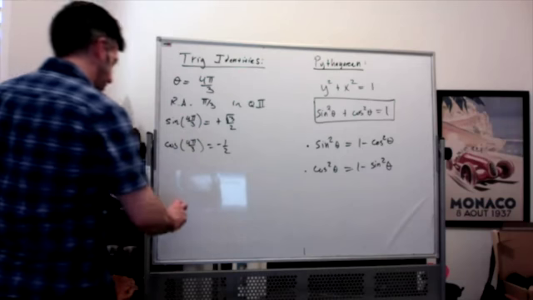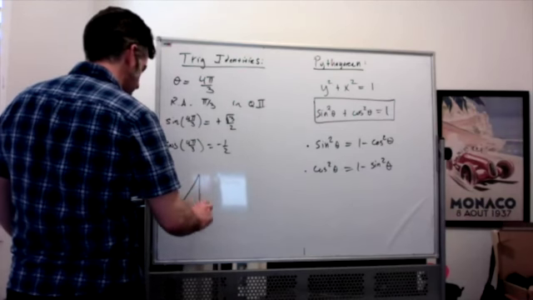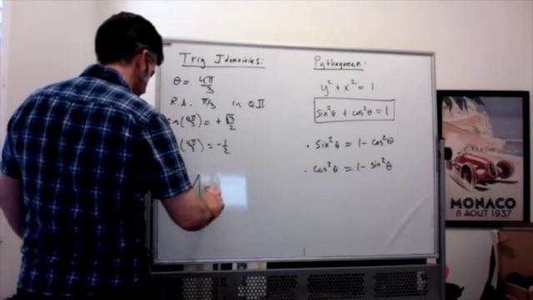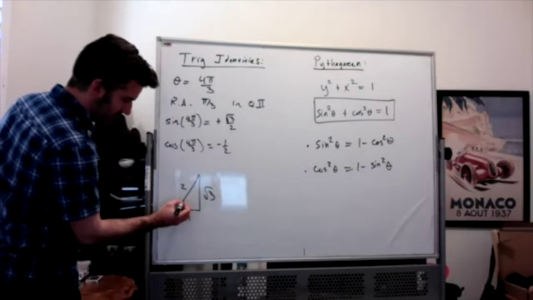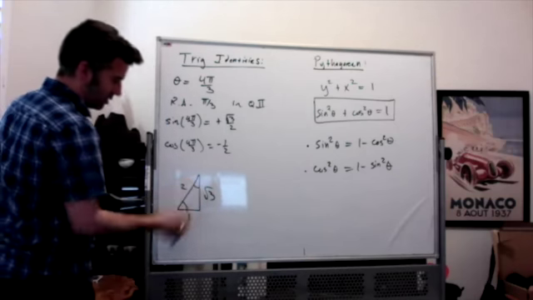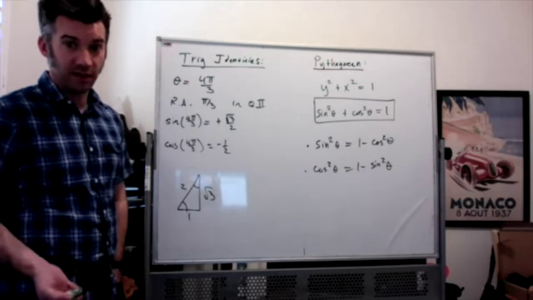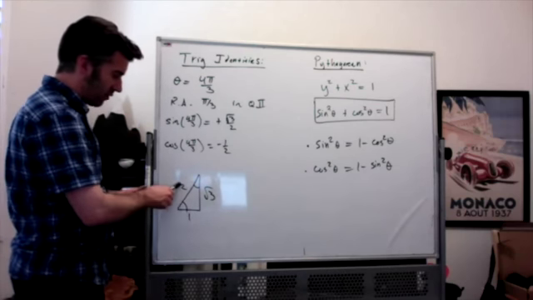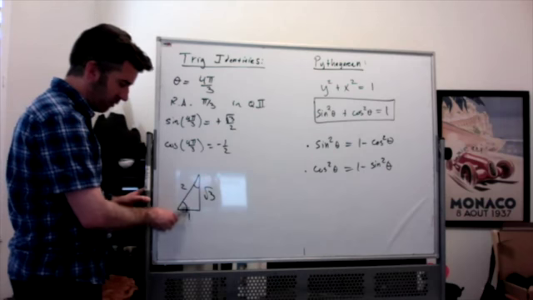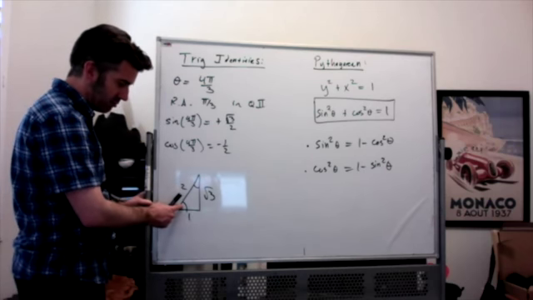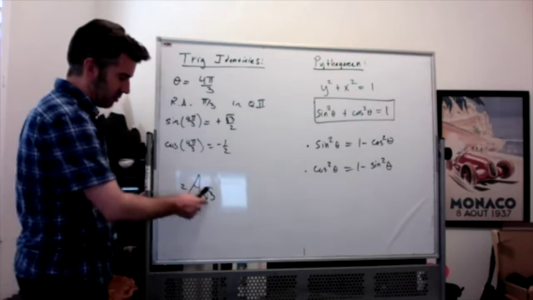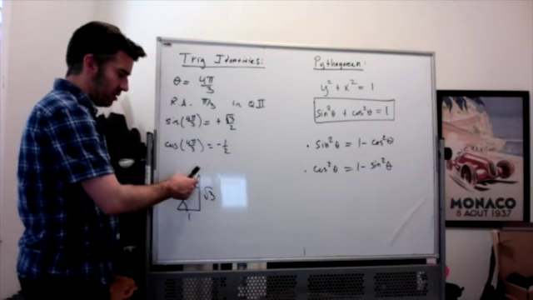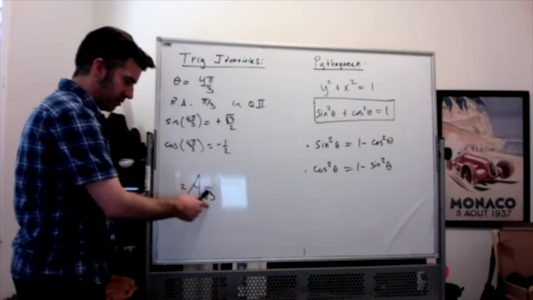If you're in a 30, 60, 90 triangle, it doesn't matter if this is your angle or this is your angle. One of them is going to be root 3 over 2. One's going to be 1 over 2. If it's this angle, cosine is 1/2, sine is root 3 over 2. If it's this angle, sine is 1/2, and cosine is root 3 over 2.